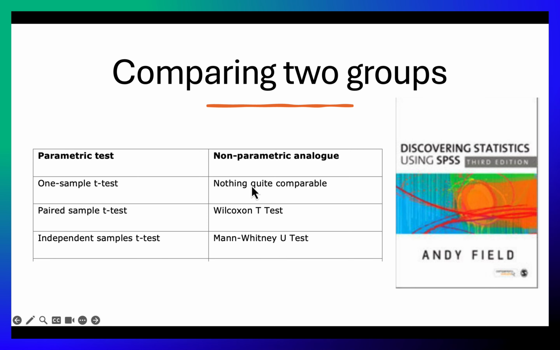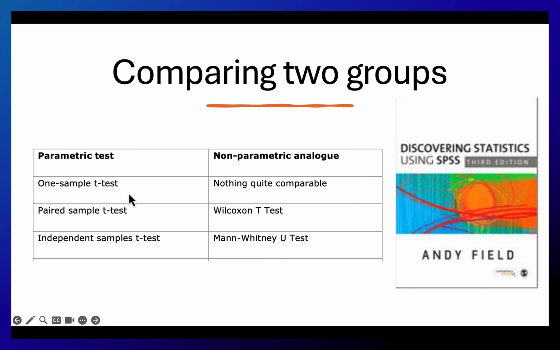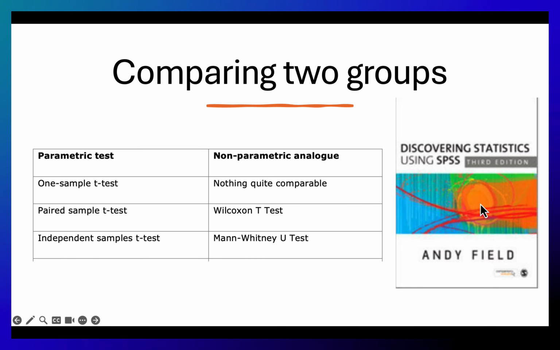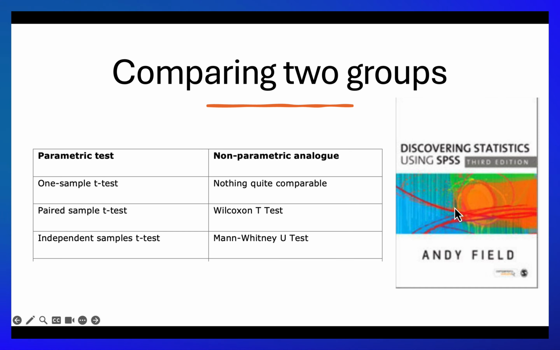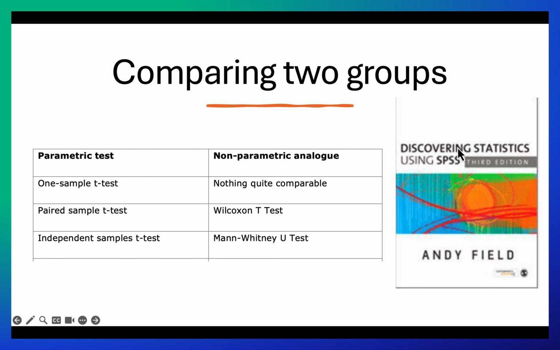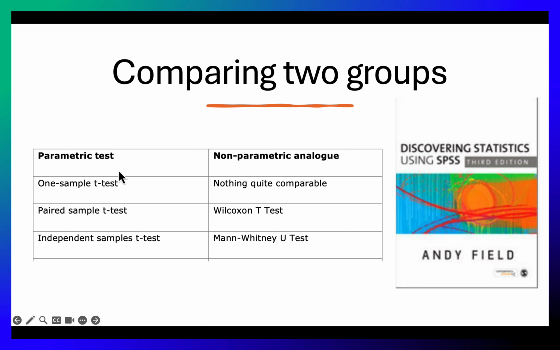But the focus of this presentation is on comparing two groups using parametric tests, i.e. t-tests. And I'm going to also highlight the importance of referring to the reading associated with this presentation, which explains in more detail how to conduct all of these three types of t-tests using SPSS. But I'll demonstrate that as well here in this presentation.